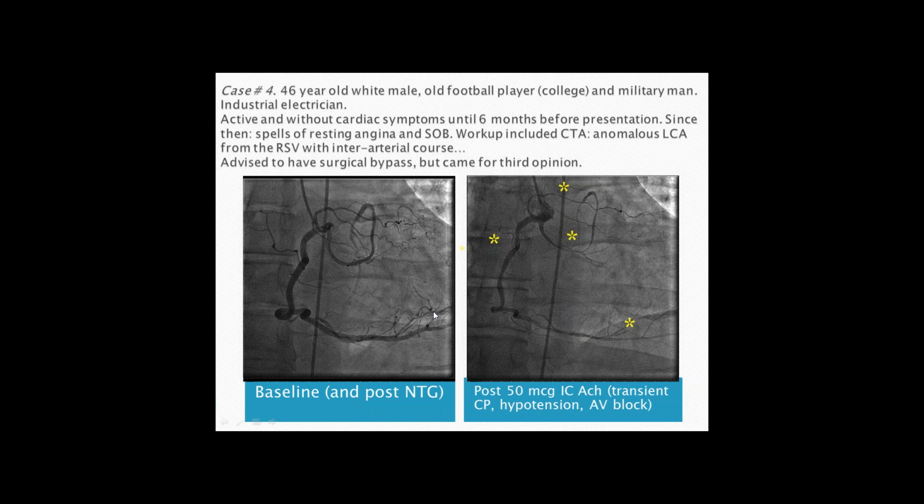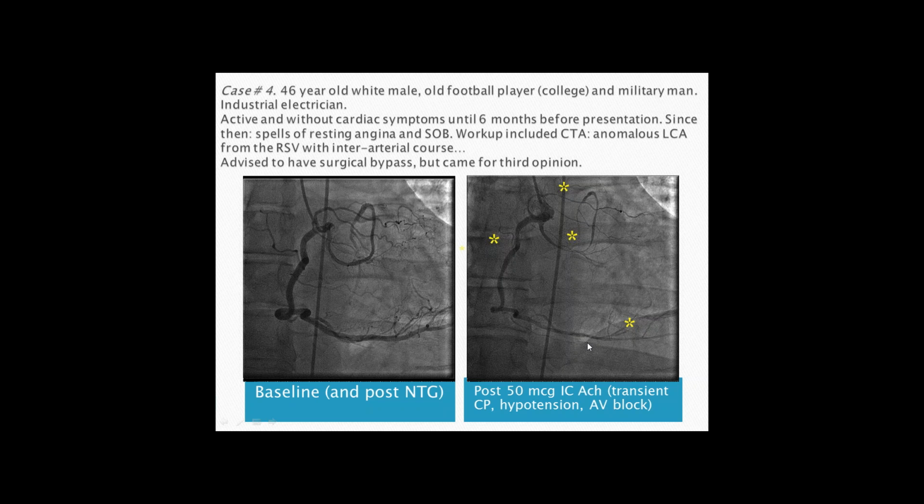We don't have here the complete study, but all the septals come from the posterior descending that reaches the epicardial portion, and with the acetylcholine testing, also the left anterior descending territory, the septals with the circumflex go into a severe spasm.